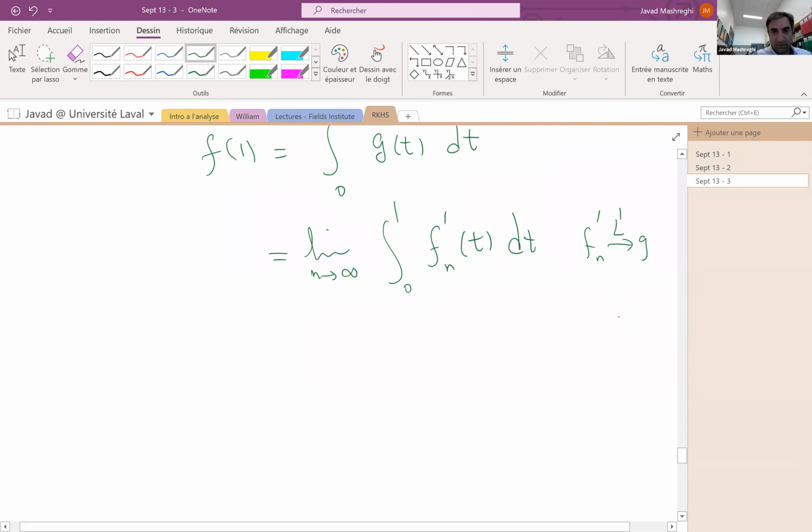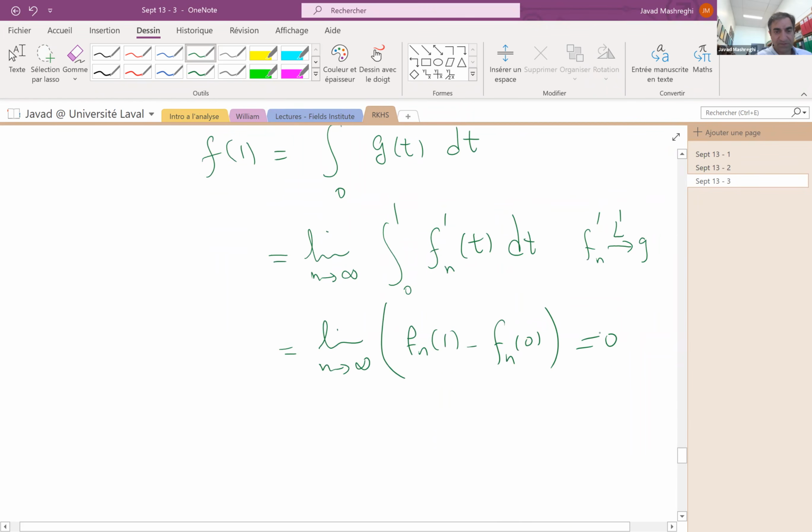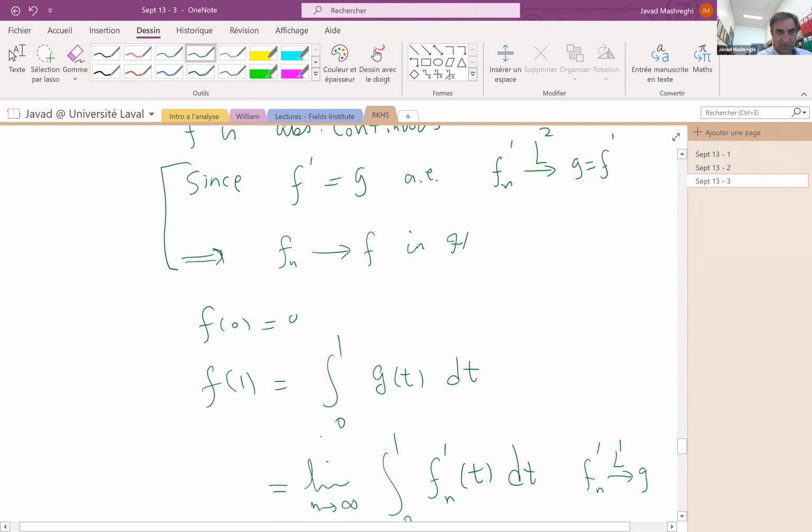And now I know that this is equal to Fn of 1 minus Fn of 0, and both are 0. So f of 1 is also 0. So this makes sure that f is in H. This should come before this and this one after, but it's okay.